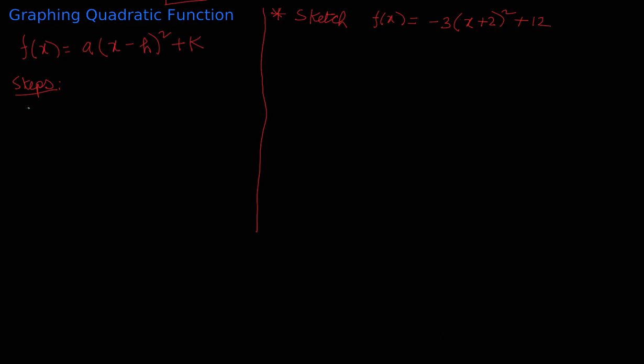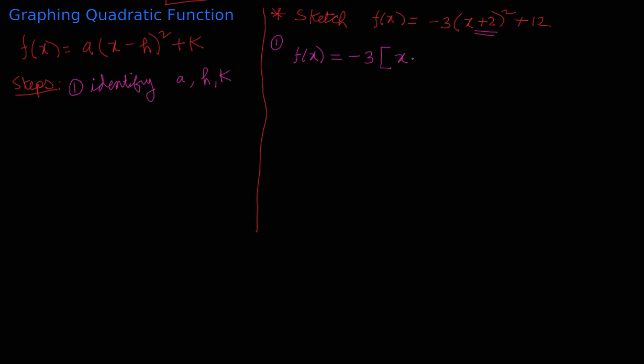Step number 1 is to identify a, h and k from the equation. So for this problem, let me rewrite the function: f(x) = -3(x + 2)^2 + 12.